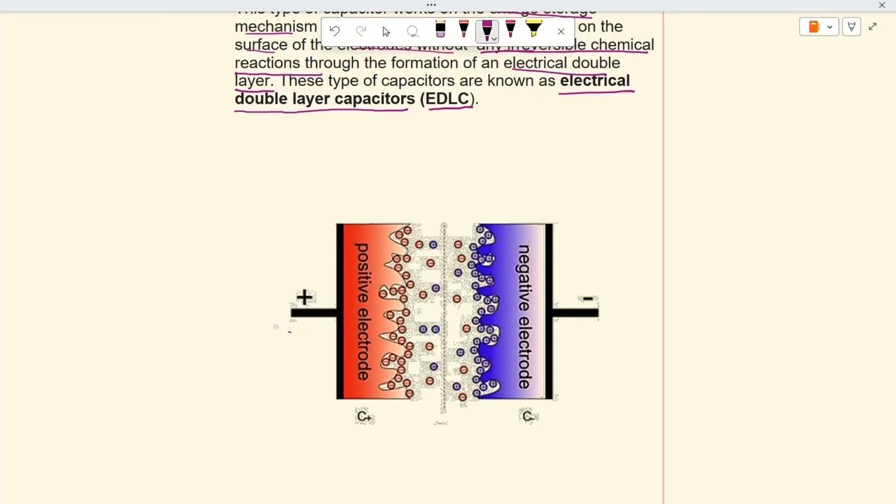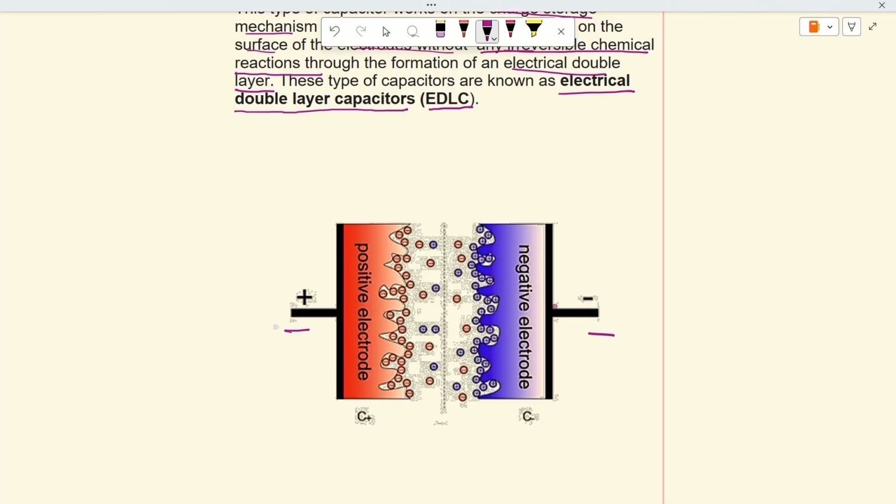When we give an electric current, the positive terminal, the positively polarized electrode, attracts the negative ions towards it, right. More of negative ions towards it. Of course, there will be positive ones, these are the blue colored, but to a smaller extent. More of negative ions will be attracted towards it.